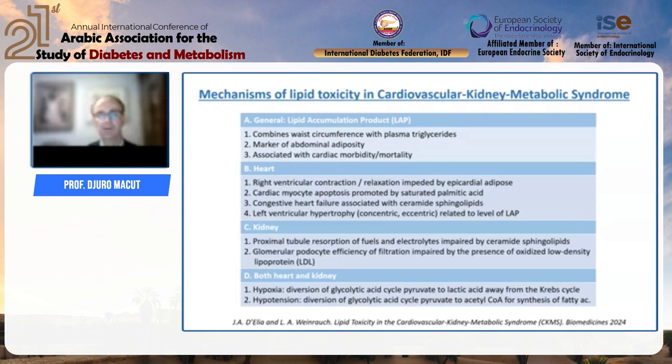In the heart, relaxation is impeded by epicardial adiposity, or adipose tissue. Then we have cardiac myocyte apoptosis that is promoted by saturated palmitic acid. That's why palmitic acid is under restriction of use and is suggested not to be used in everyday life.